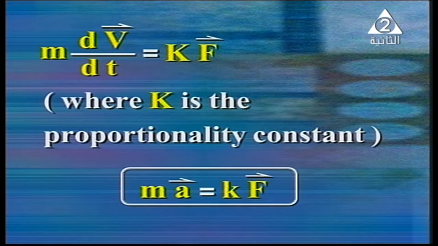Because the acceleration vector equals the change of velocity with respect to time. Remember, dv over dt equals acceleration a.